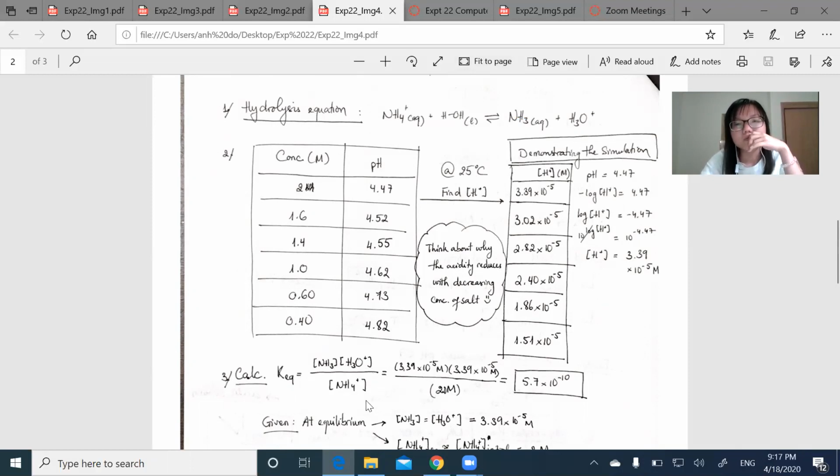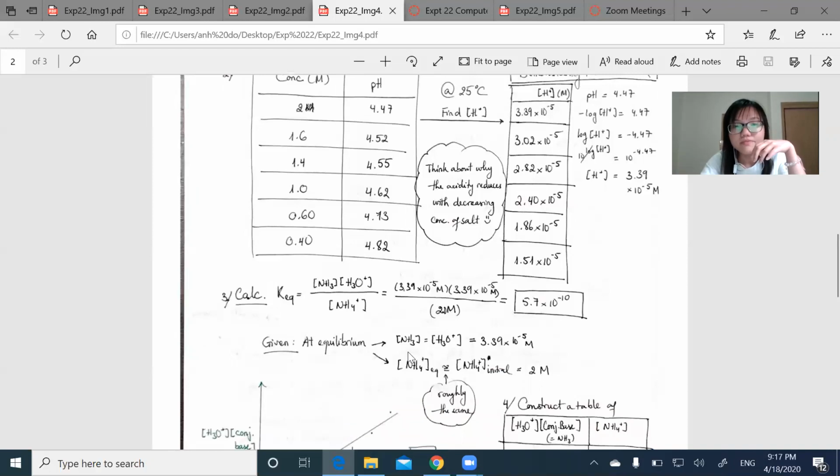You know that at equilibrium, the concentration of ammonia and your hydronium ion, the products, would be of the same concentration as each other.